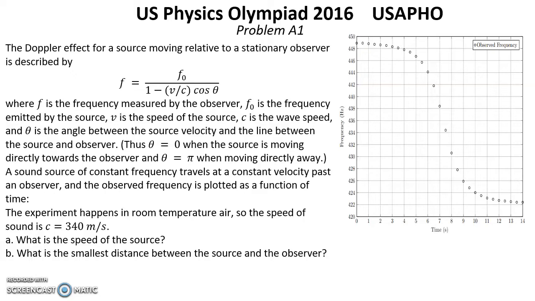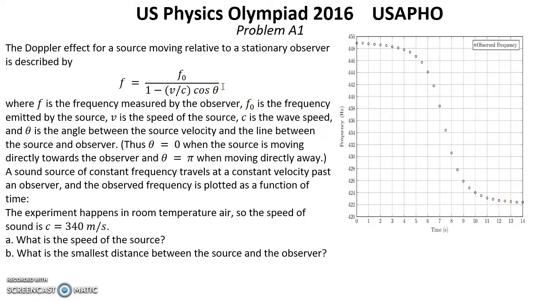Solution for problem A1. Question A. If we look at this graph, we can see that for time equal 0, we have almost 0 degrees theta, and for time 14 seconds, it's almost 90 degrees.